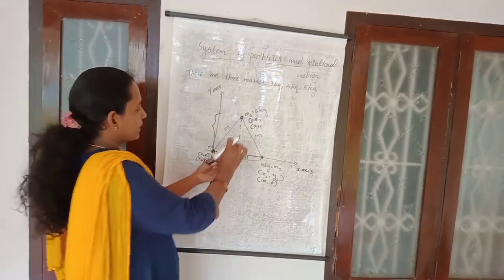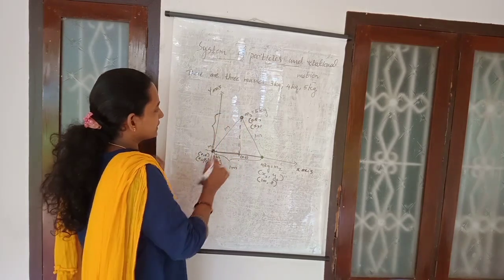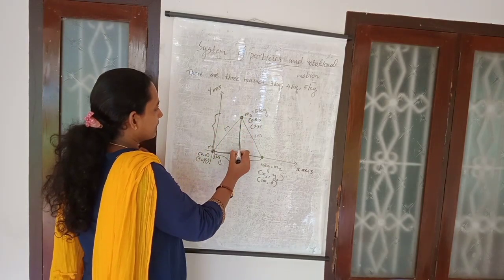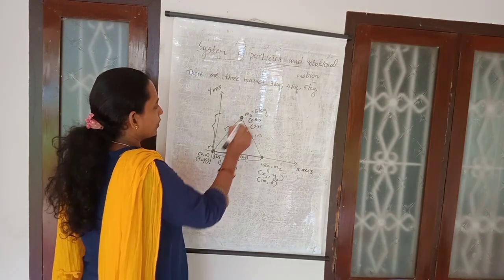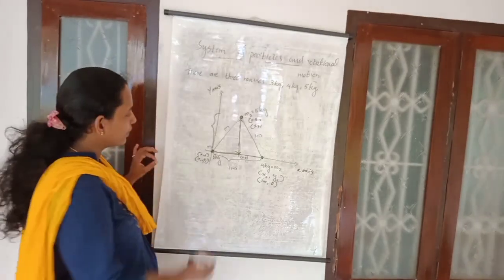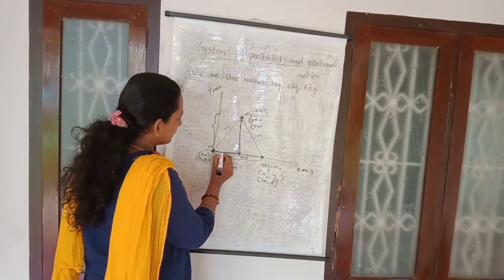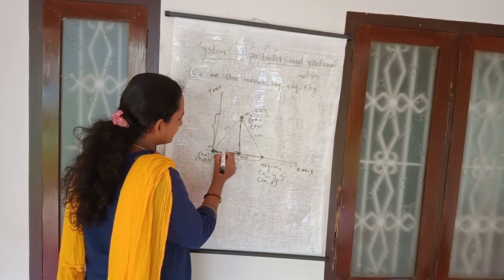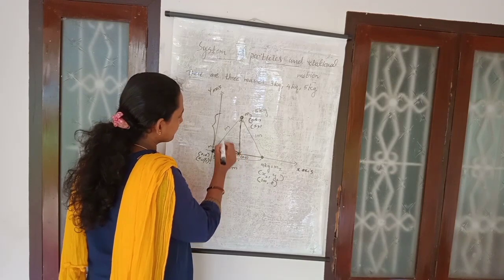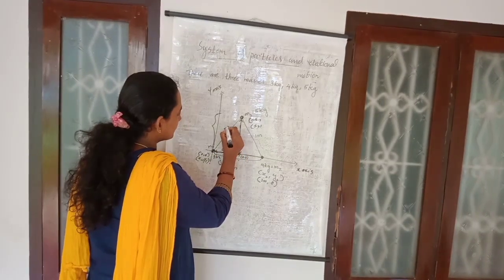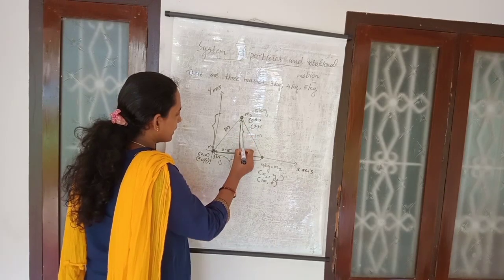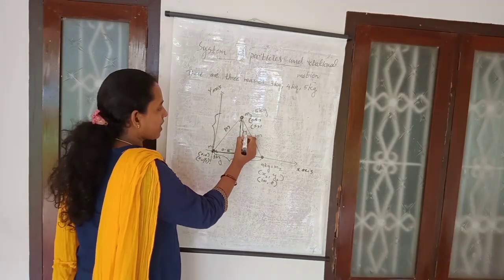What is the y coordinate? The y coordinate is actually this much distance. In order to find that y coordinate, how much is this? This is 0.5. How much is this? This is 1 meter. They asked to find what is y3.